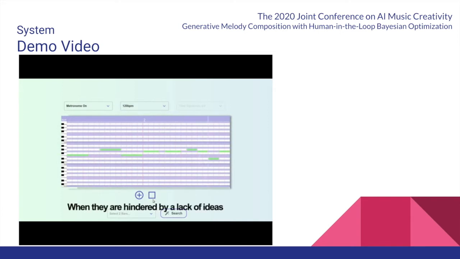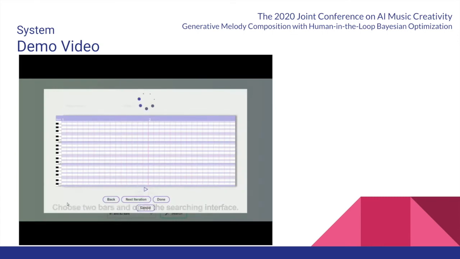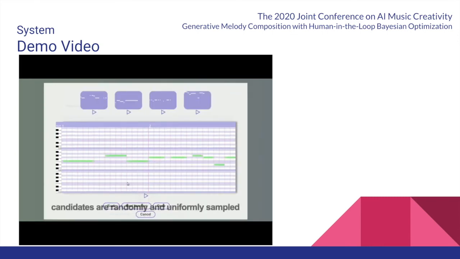When they are hindered by lack of ideas, they can start searching. Choose 2 bars and open the searching interface. In the first iteration, candidates are randomly and uniformly sampled on the dimension-reduced latent space of the pre-trained generating model. The 2 bars the user selected are shown in the editing region. We suppose the user prefers the melody in the editing region to the candidates.